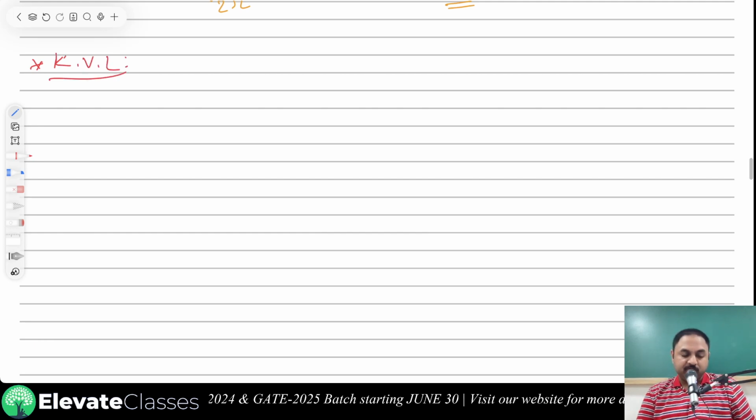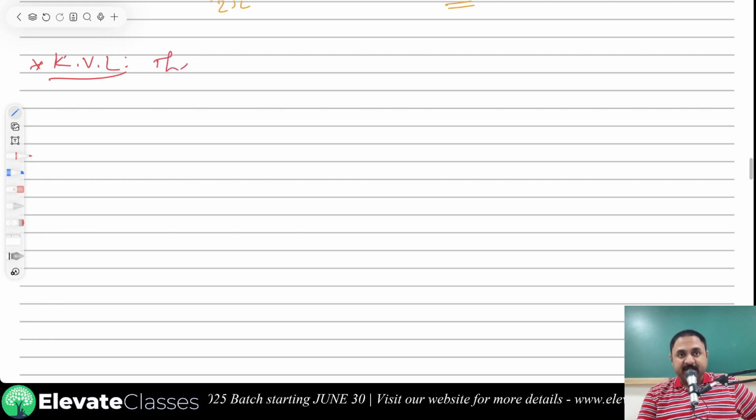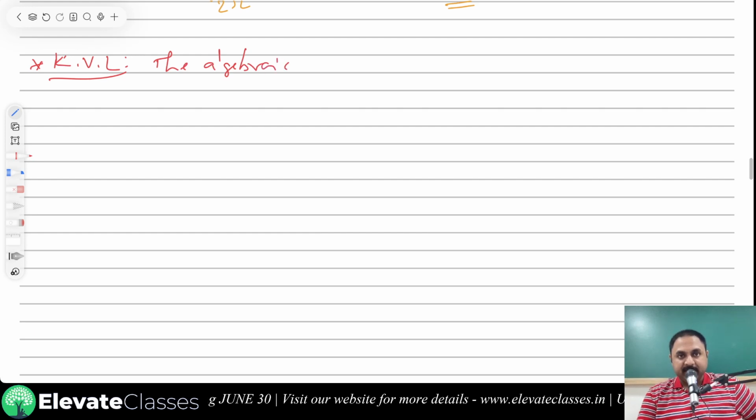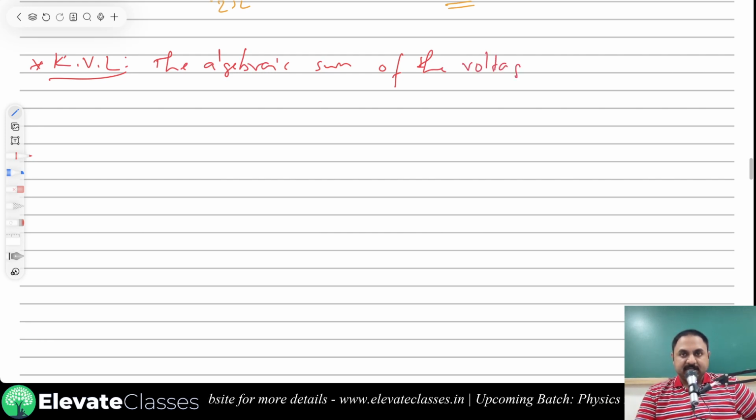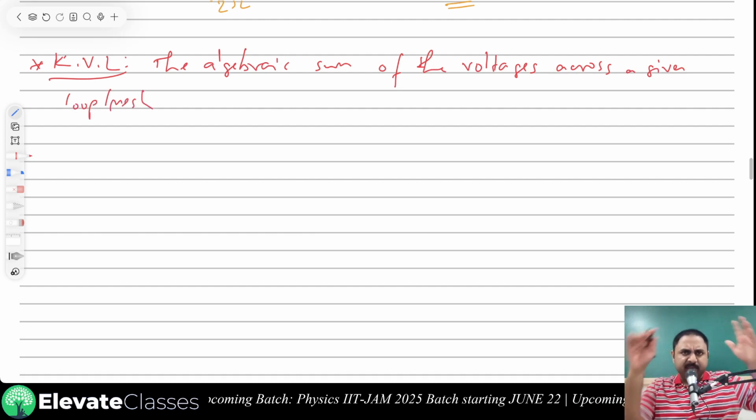What is Kirchhoff's voltage law? According to KVL, the algebraic sum of the voltages or the potential drops across a given loop or a mesh, that is nothing but a closed path.